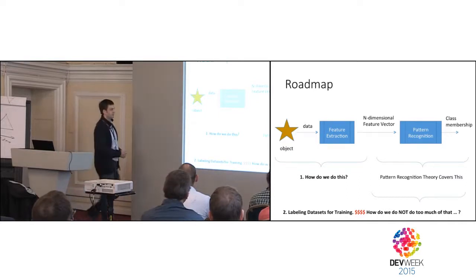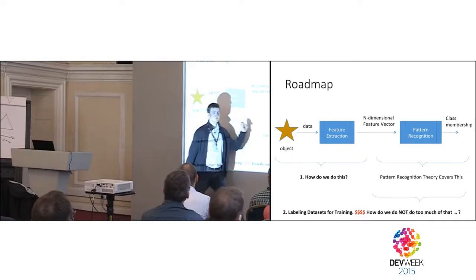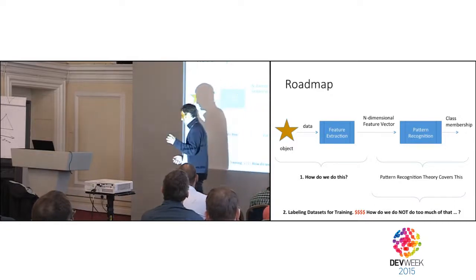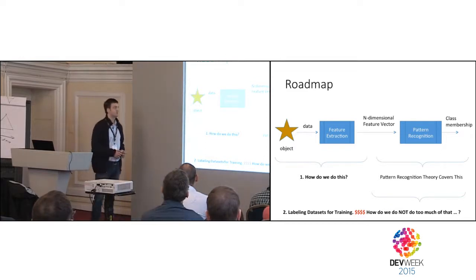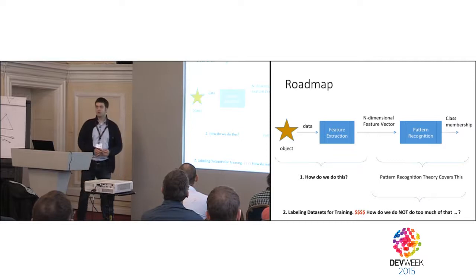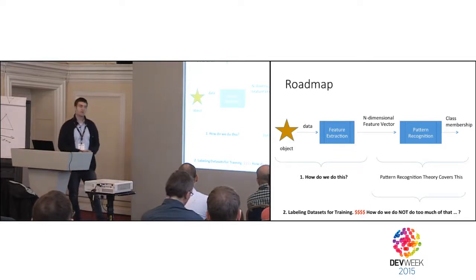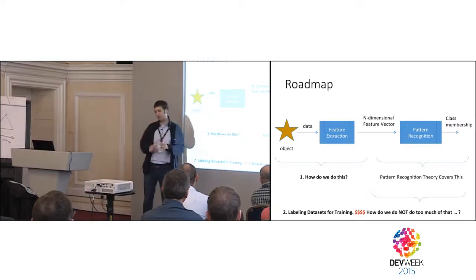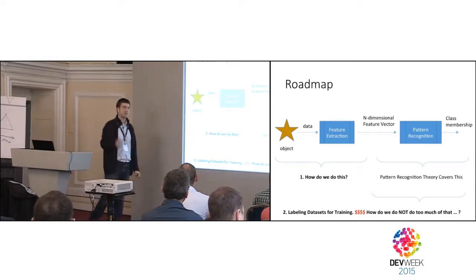Another thing worth noting is that to train a classifier, you need to prepare a training sequence. As we discussed yesterday, a training sequence contains examples of feature vectors of the objects with the corresponding class labels. It's basically a table where each column is a certain feature and the last column is the class label.